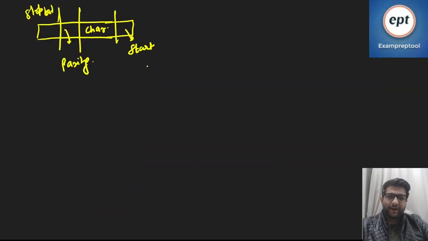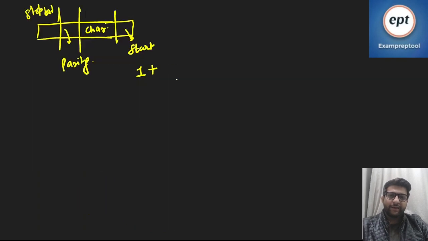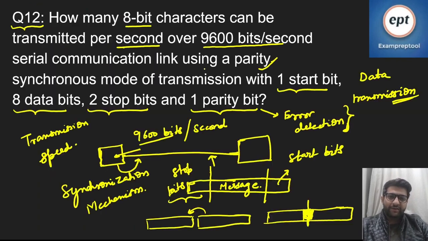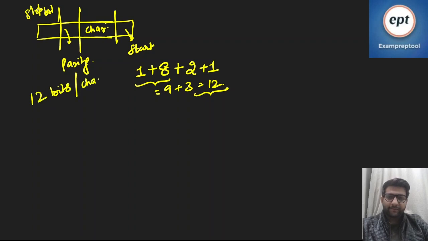It is given that the start bit is 1 bit, the characters are 8 bits, then 2 stop bits and 1 parity bit. So that is 9 plus 3, which is 12. Every character will be transferred by 12 bits, 12 bits per character.